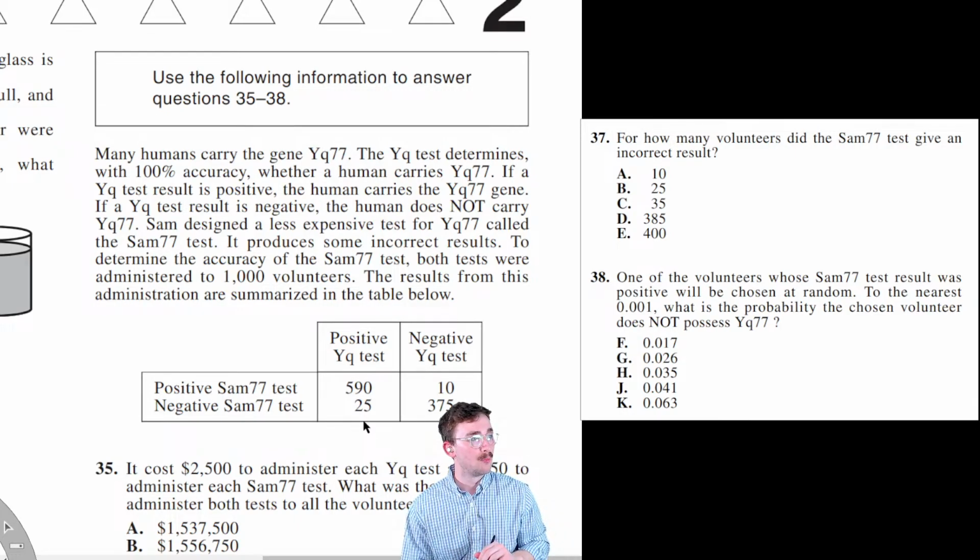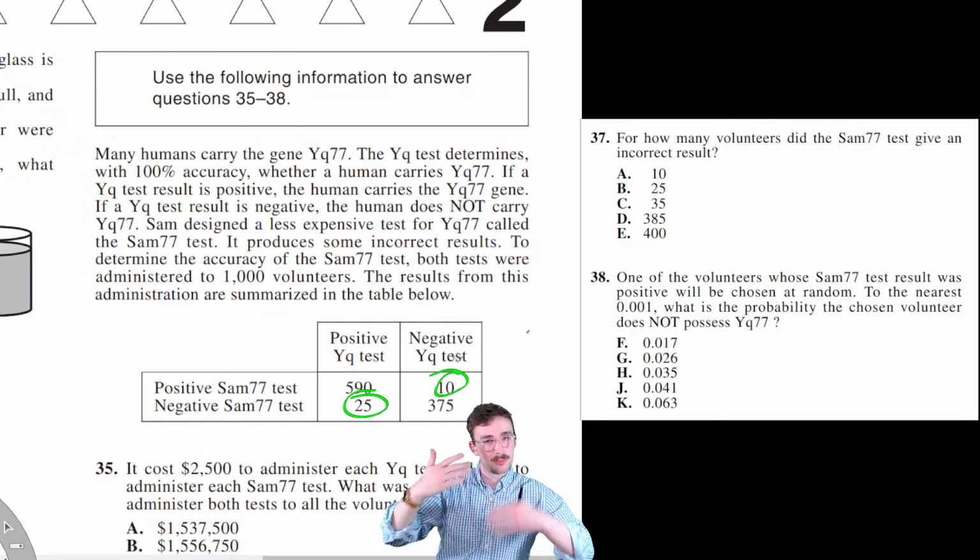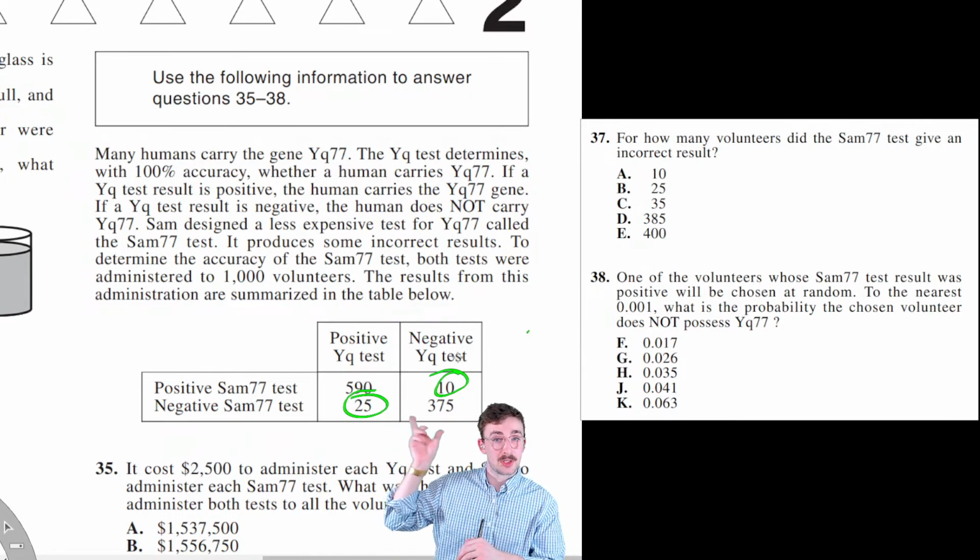37. For how many volunteers did the SAM 77 test give an incorrect result? Okay, so we're looking at these right here. We're looking at the positive YQ test but negative right there. So that one right there, 25, and then negative YQ test but positive. Remember, the YQ is the one that's 100% correct.